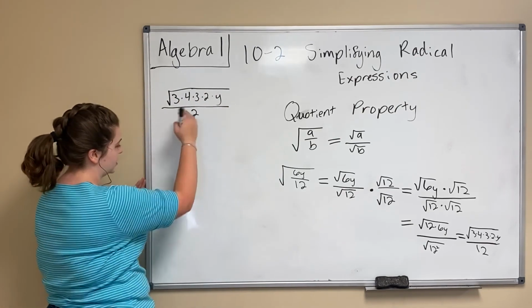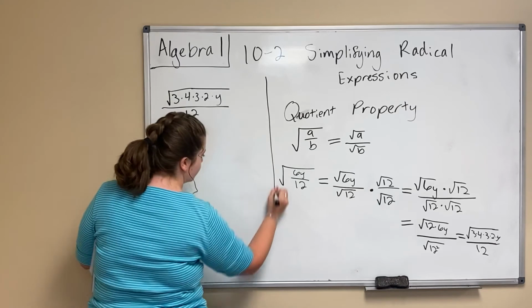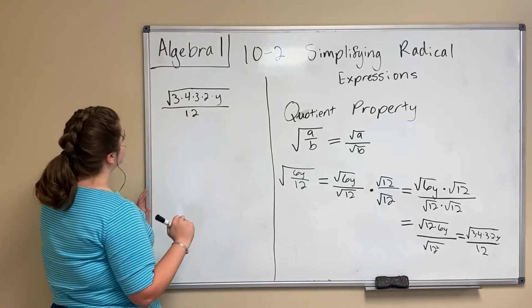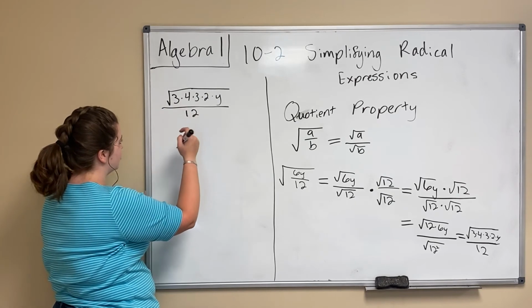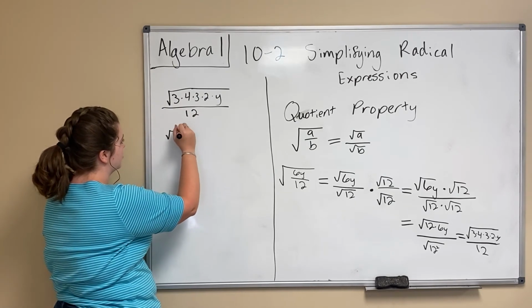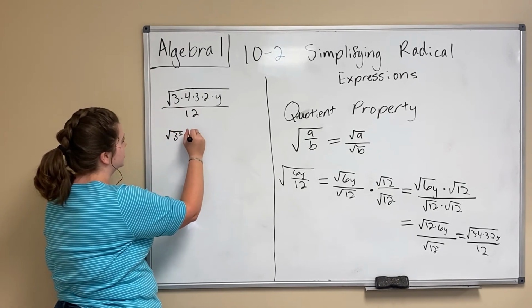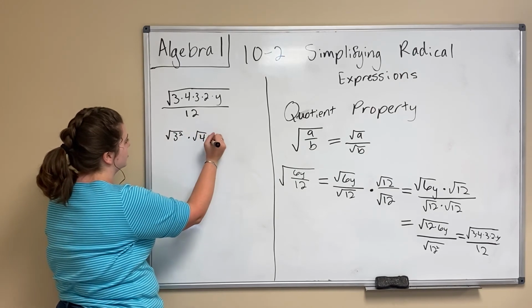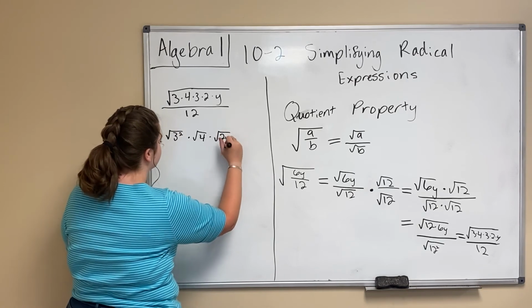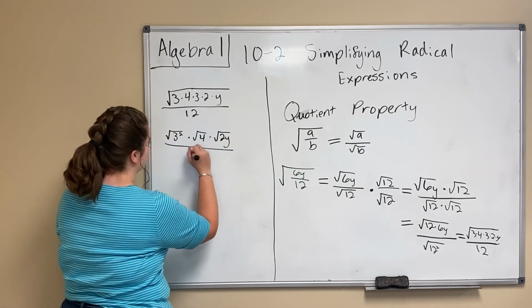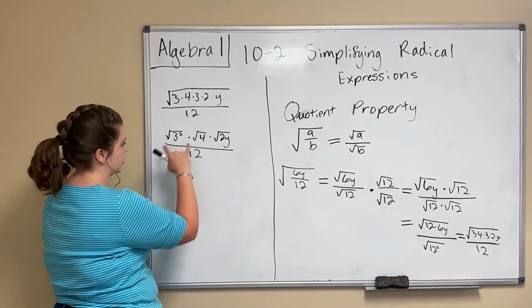Okay, I'm going to keep going over here because I ran out of room. Now 3 times 3 will be 3 squared, so we want to group those together and get the square root of 3 squared times the square root of 4 times our 2 and our y that are left over, the square root of 2y, all over 12. We've grouped together the things that can be perfect squares.